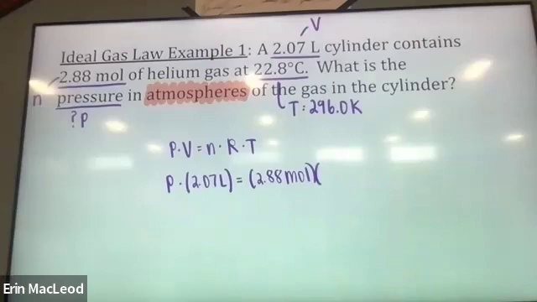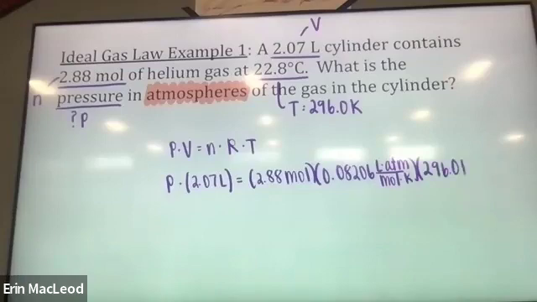So you just need to make sure you pick the one that goes with atmospheres. And that's the little number. So 0.08206. And again, don't memorize it. It's on the back of your periodic table. And again, you don't have to write units. The one time I won't make you. But technically, it's a combination of all of the units. And the units are on the back of your periodic table if you do want to write them. And then we'll plug in T. So 296.0.